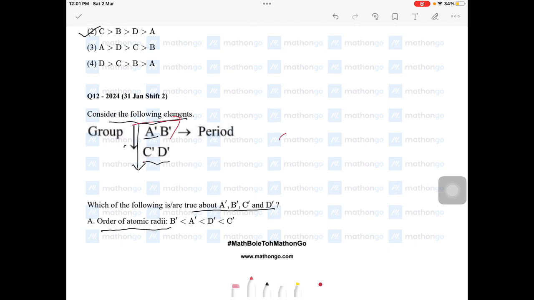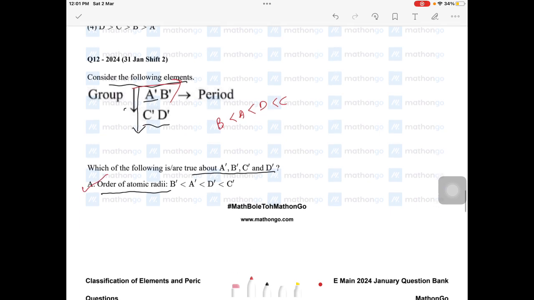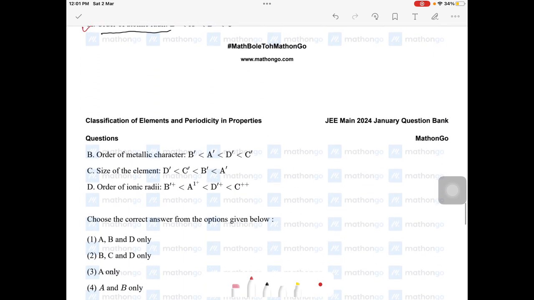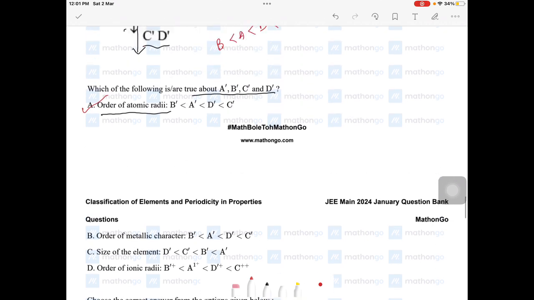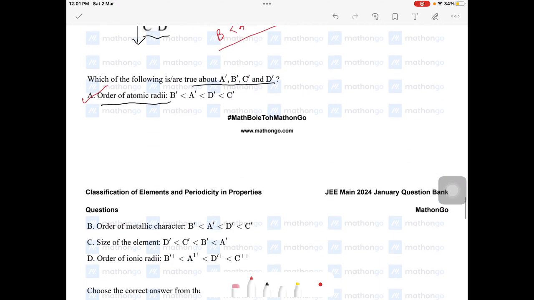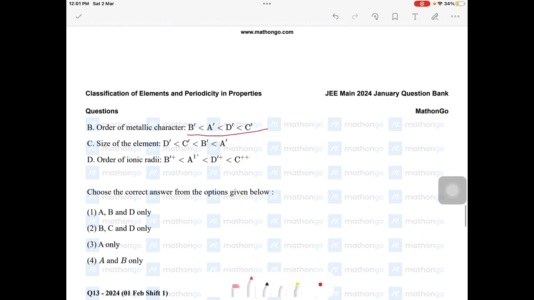According to that, C is greater than D, then B and then A. So atomic radii statement A is correct. Next, order of metallic character. If atomic radii increases, metallic character also increases. That is also a correct statement.